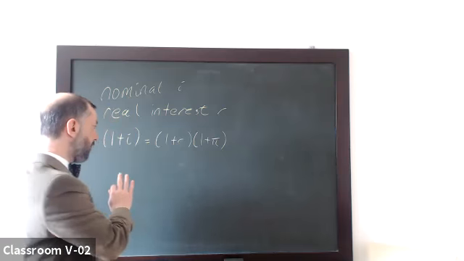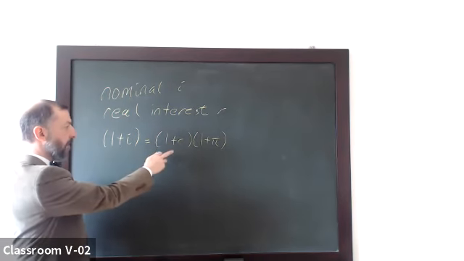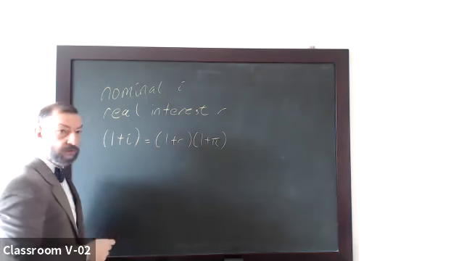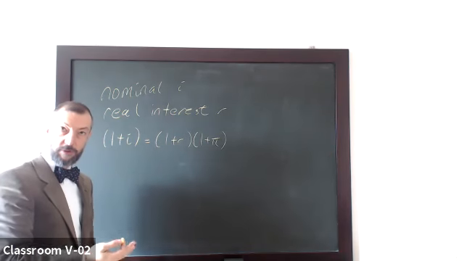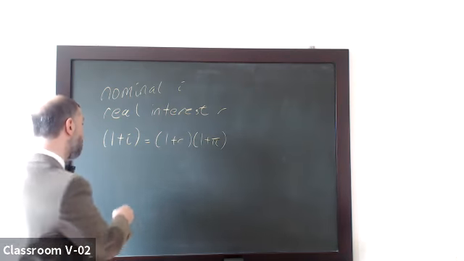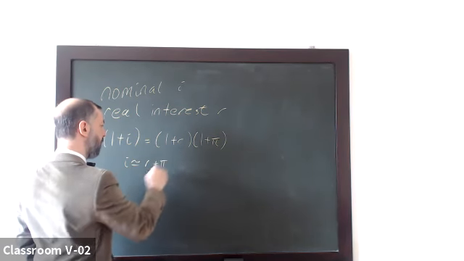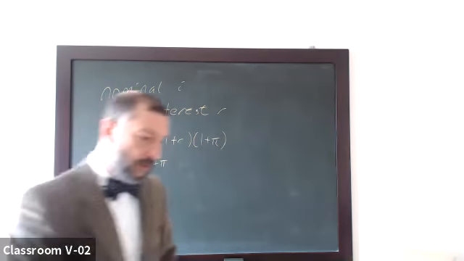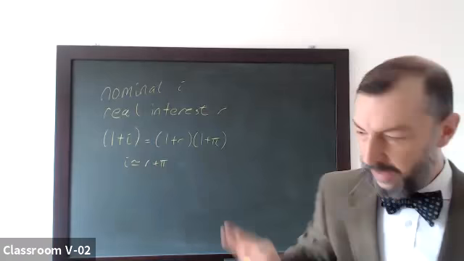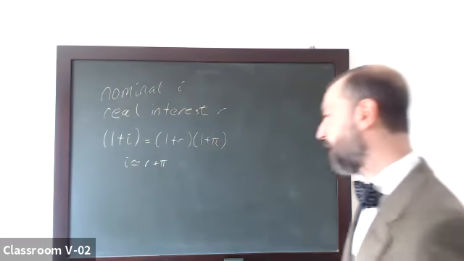Once again, a Taylor series approximation gives you, for small i, r, and pi, so when these things are close to zero, because we approximate around zero, and the approximation is correct when the numbers are close to zero, we have i is about equal to r plus pi. Right? Now, we left here and said we could think of this in two ways.